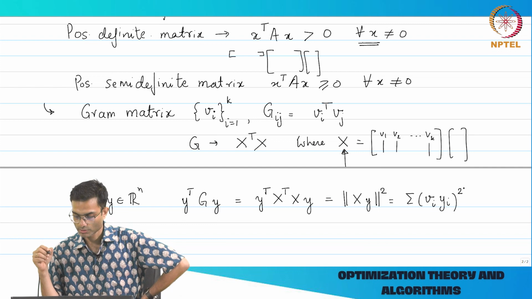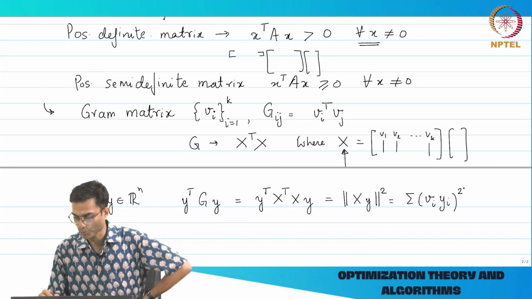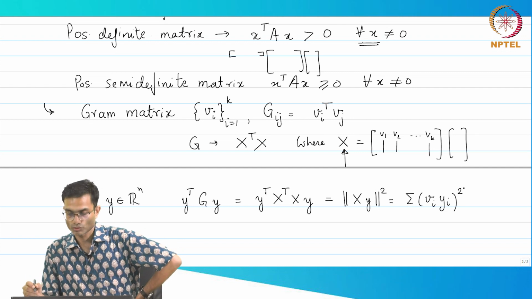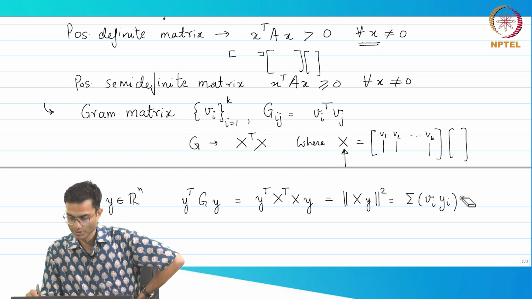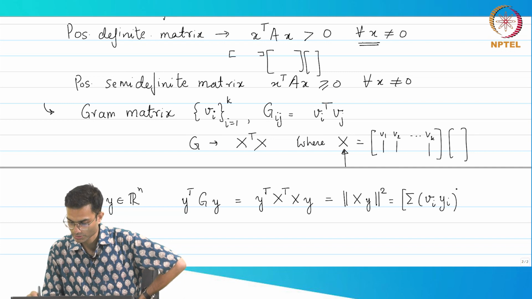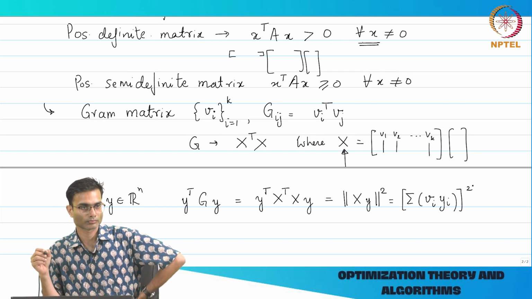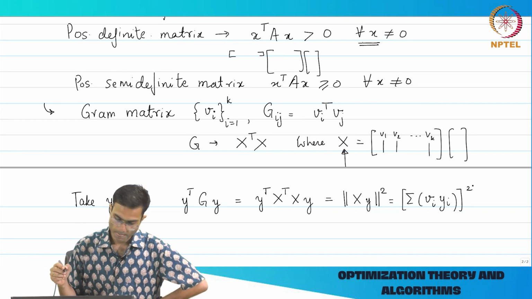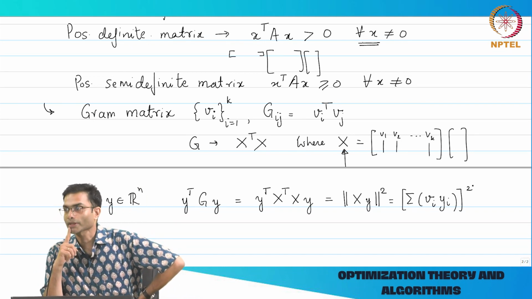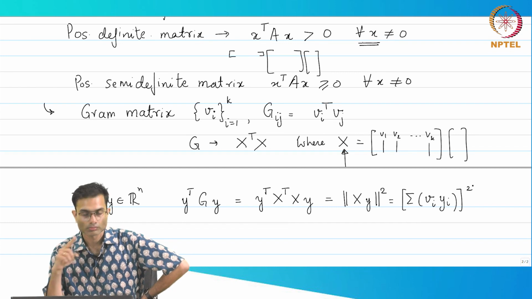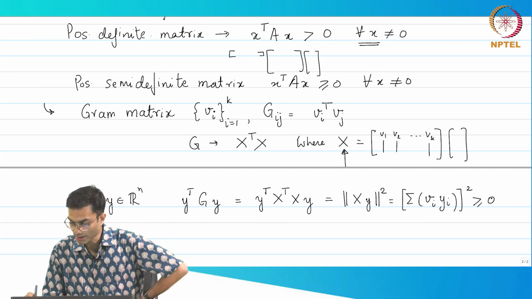Is it the whole thing squared? Where have I put the summation, the squared correctly? No. Where does it go? Outside, right? So it's actually going to go like this. Right. Now, what can we say about this? It is greater than or equal to 0.